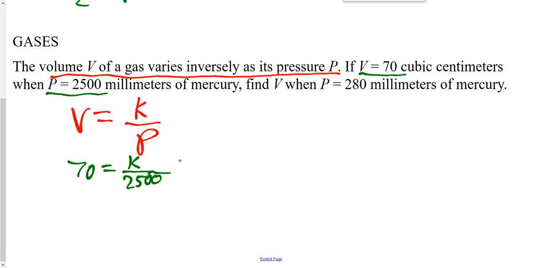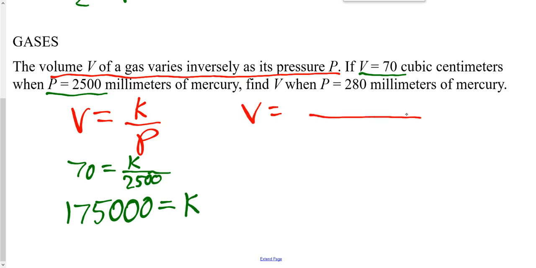To get k by itself, I'd have to multiply both sides by that 2500, because right now I have k divided by that. Remember, I have to do inverse operations, and so I get k to be this. Write out your general equation with that value of k plugged in there, and then we can go ahead and answer our question.